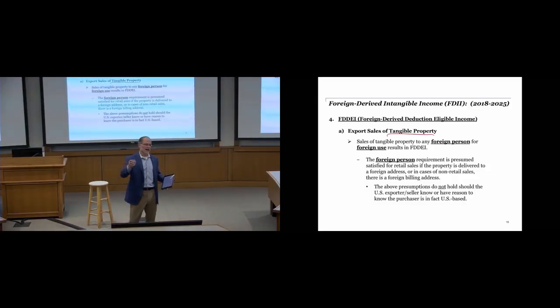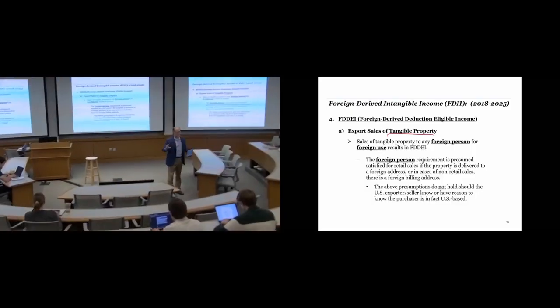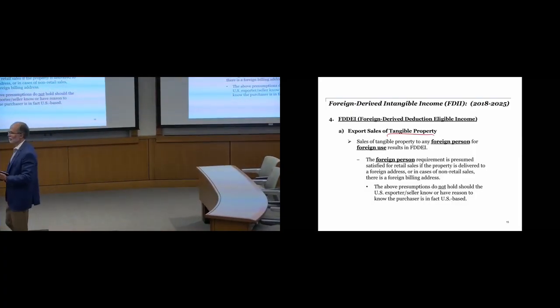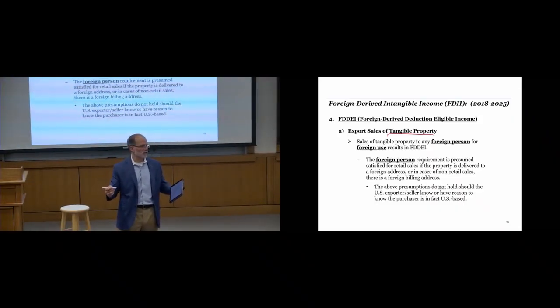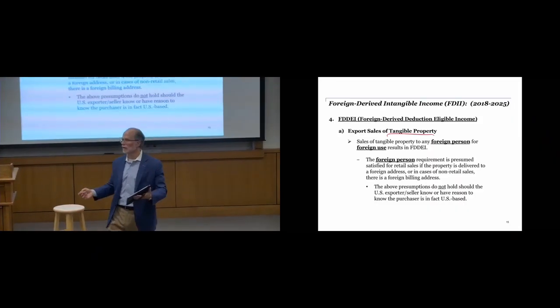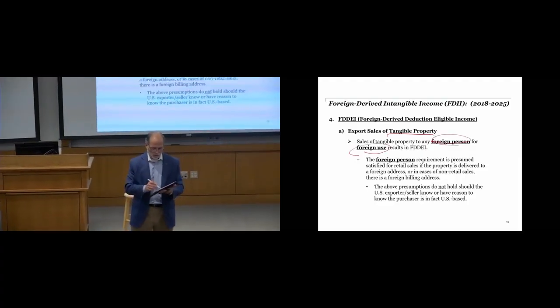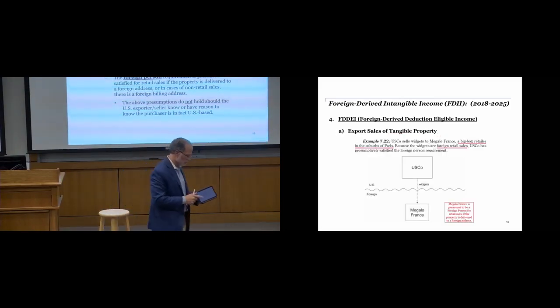And they made some simplifying conventions in there so that you can rely on certain safe harbors. Obviously you don't have control over all your customers. You don't know what all your customers are doing. You have to have some conventions in place. You need a foreign person and you need a foreign use for the export of tangible property.